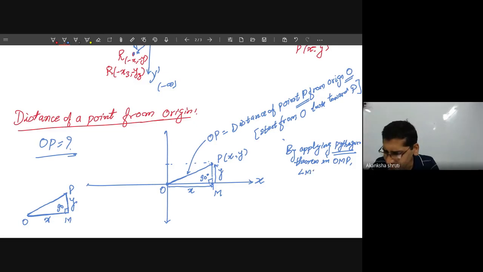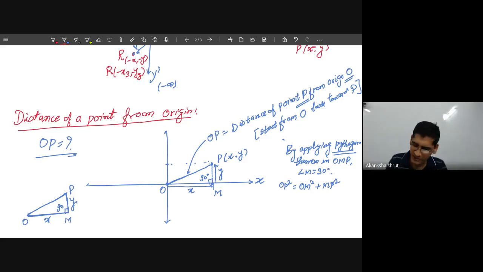So OP square is acting as the hypotenuse, and the two other sides, which include this 90 degree angle, have their squares added: OM square plus MP square.